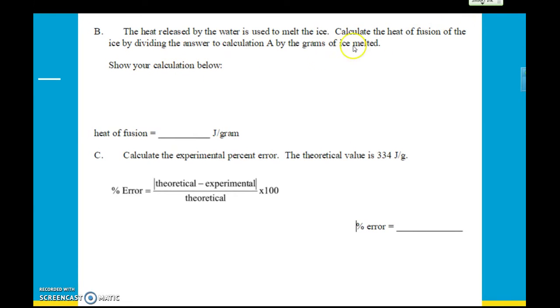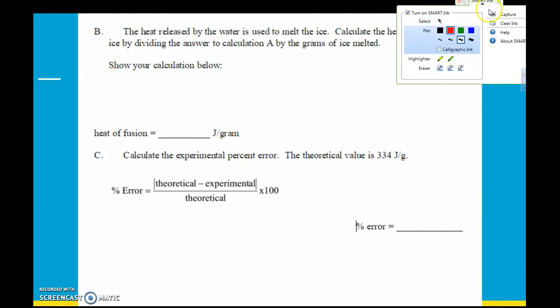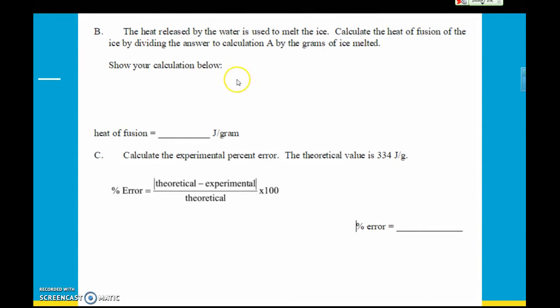So in this next part, you're going to calculate the heat of fusion of ice. I looked in the lab, and they didn't really give you this equation, so I'm going to go ahead and give that to you. Q always means heat, and when you're going through a phase change, you do a different kind of equation.